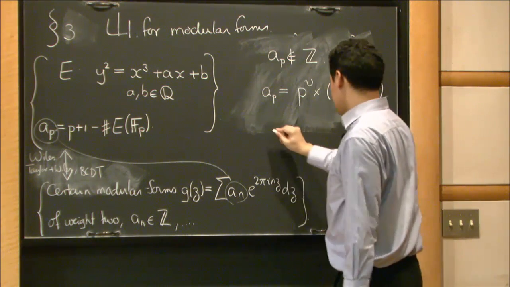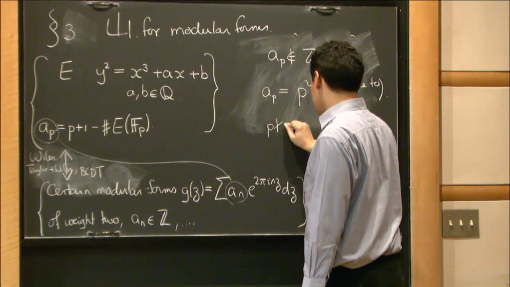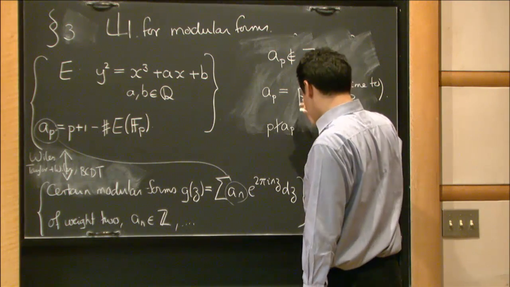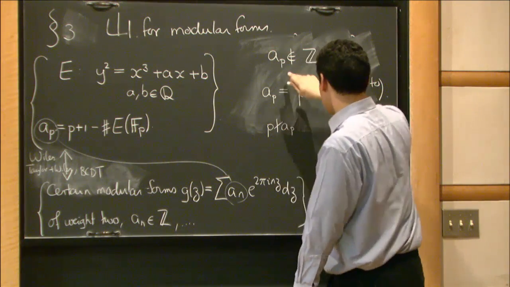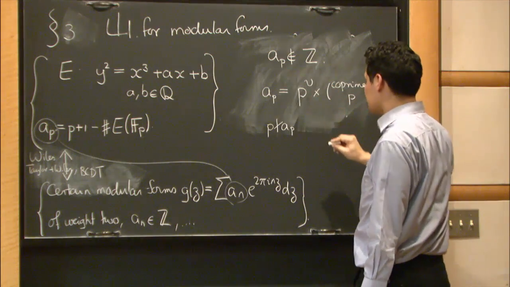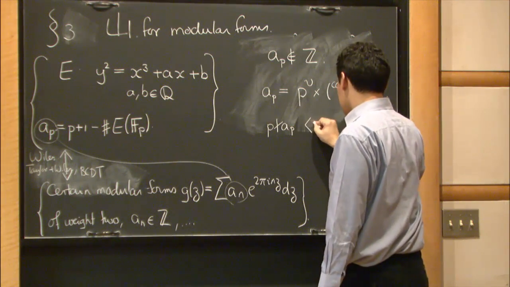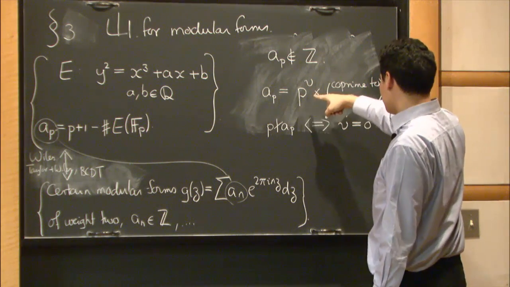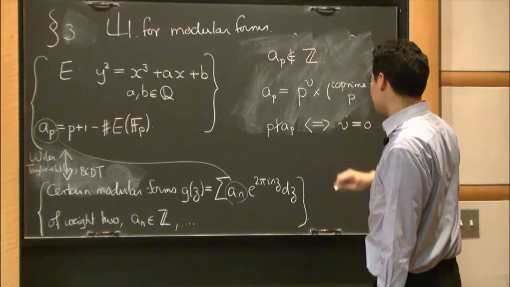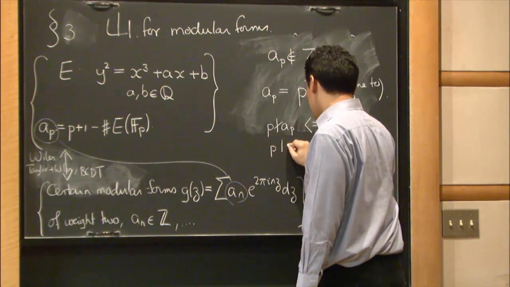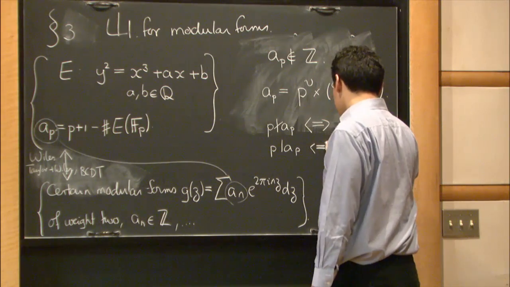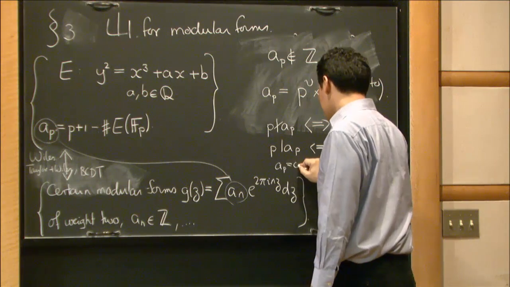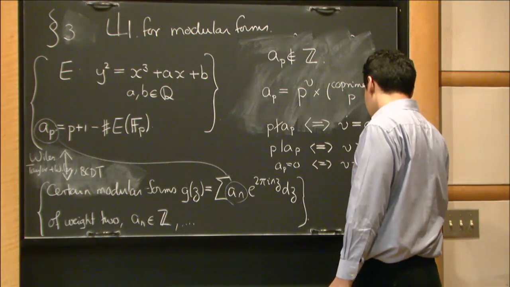So for example, in the case where p does not divide A_P, back in the case where A_P was an integer, this would be the same thing as saying that v is equal to 0. That way you have integers or numbers that are coprime to p. When p divides A_P, it's the same thing as saying that v is bigger than 0. And saying that A_P is equal to 0 is the same thing as saying that v is equal to infinity.